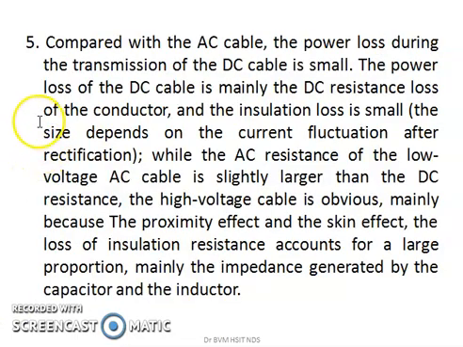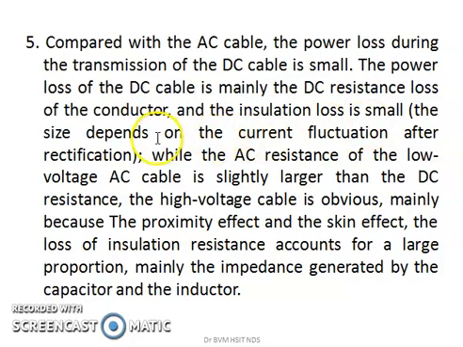Next difference is, compared with the AC cable, the power loss during the transmission of the DC cable is small. So therefore the transmission efficiency of the DC cable is high. The power loss of the DC cable is mainly the DC resistance loss of the conductor, and the insulation loss is small.